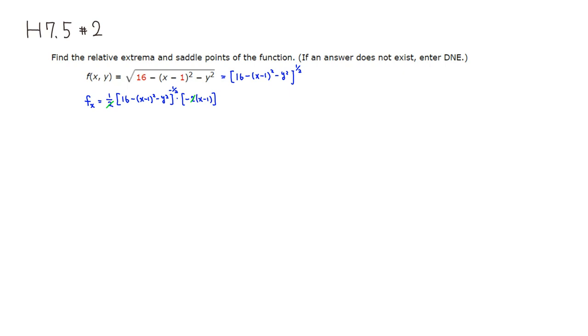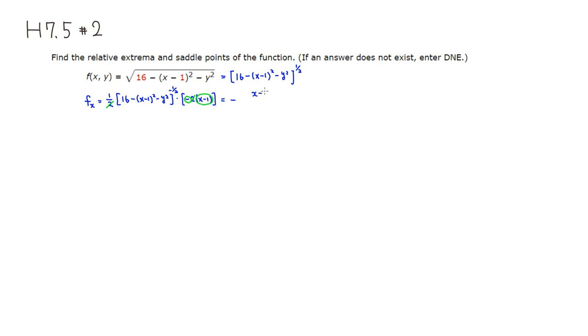So this is equal to a negative, and I took care of the negative sign here. Then we have x minus 1, which goes on top.